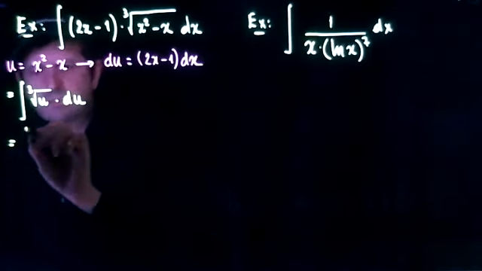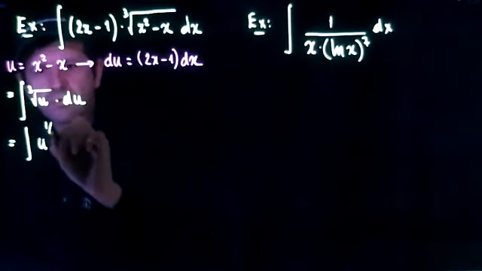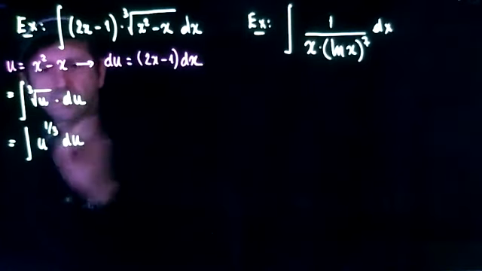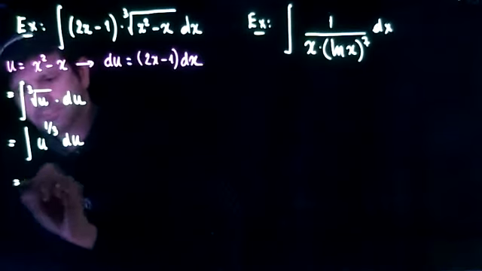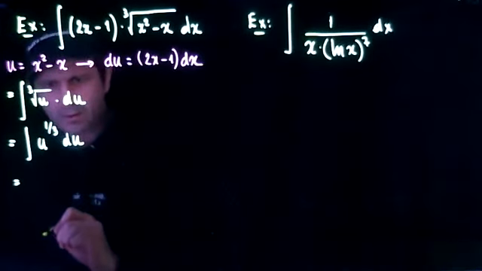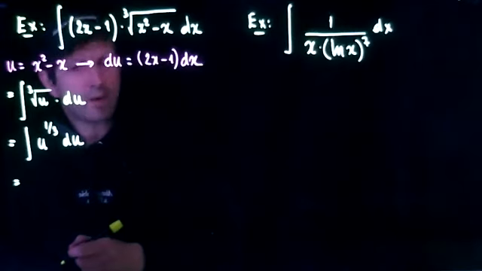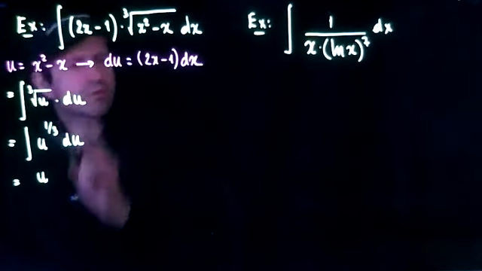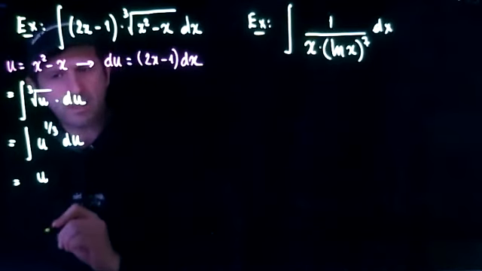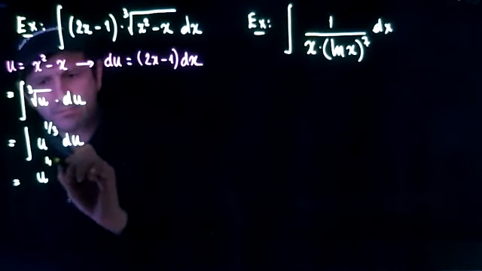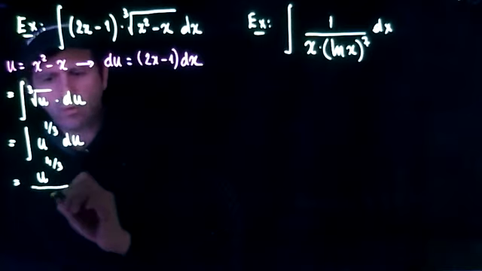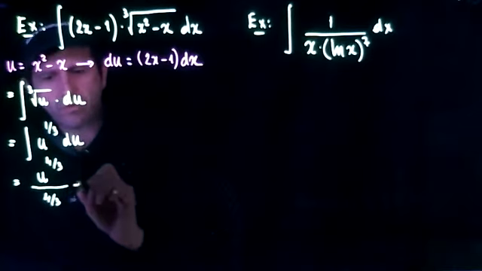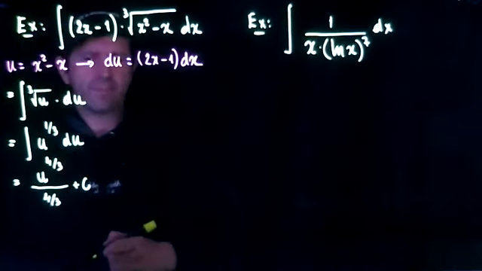This is basically u to the power 1/3, and I use the power rule. So it's u to the power of 1/3 plus 1, which is 4/3, over 4/3, plus c.